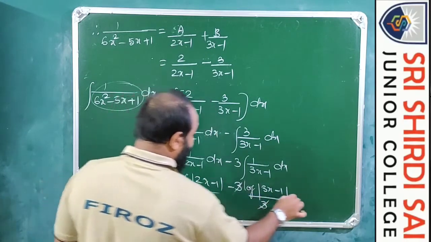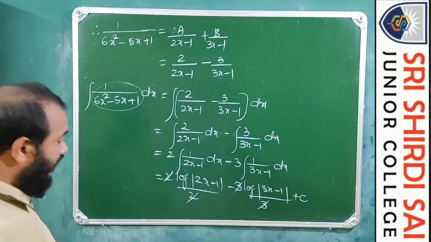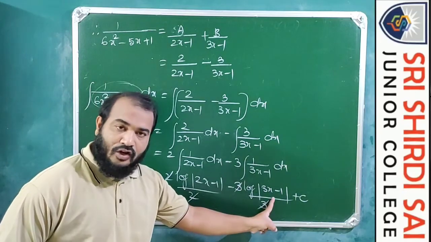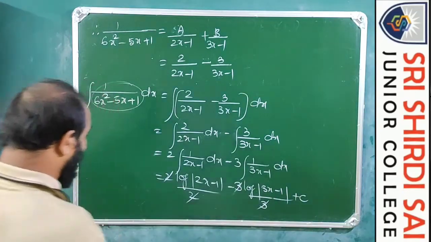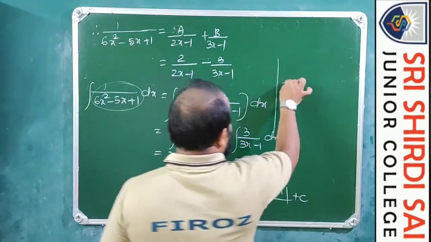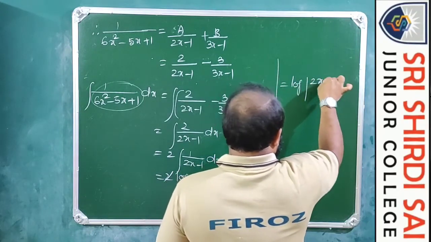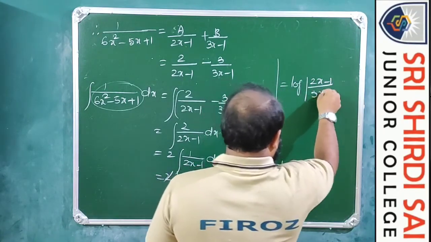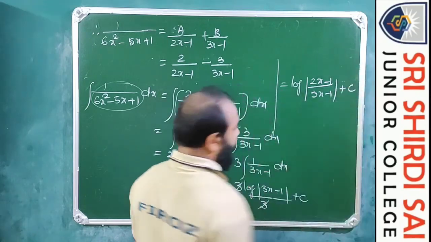So this gets cancelled, plus c. So this is log a minus log b, log of a by b. So this is equal to log of (2x minus 1) by (3x minus 1) plus constant of integration c.